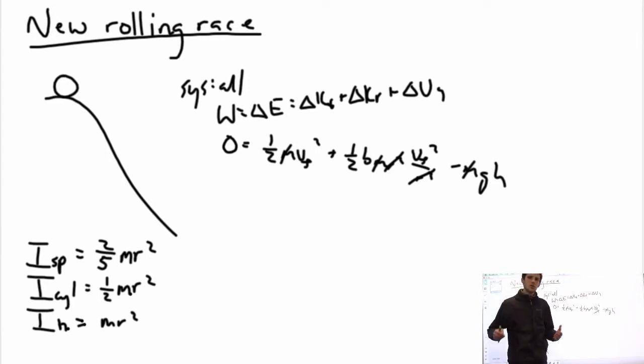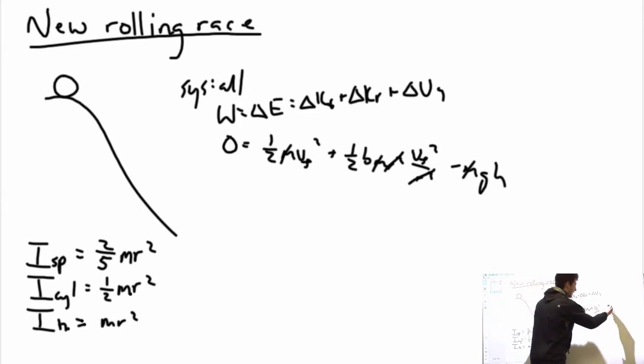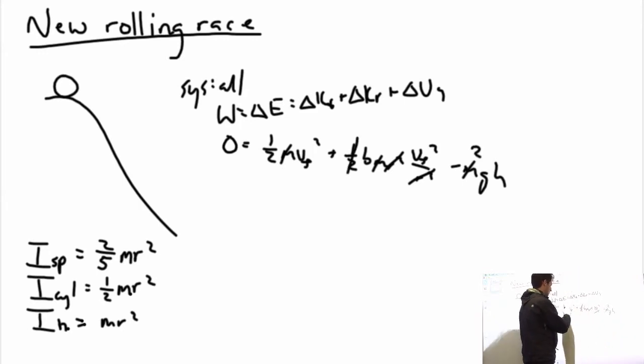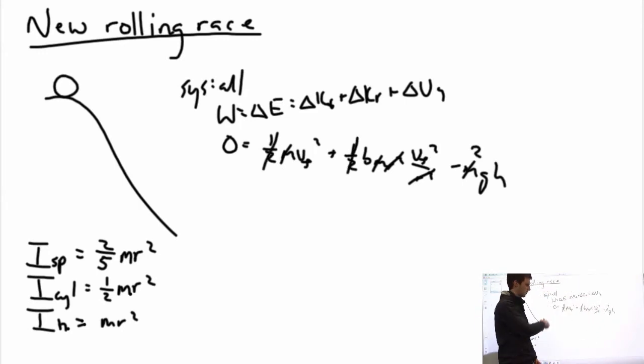So let's look at this. We want to find out which one reaches the ground first. So I want to know which quantity in this equation has to do with reaching somewhere first. And the only one that comes to my mind is velocity. So let's solve for velocity and see what we can say from that. If I move the gh to the other side, let's multiply everything by 2, so the halves go away, and that gets multiplied by 2, and the 0 stays 0.